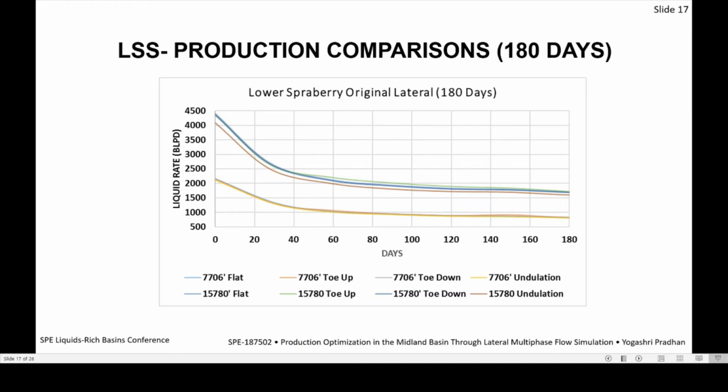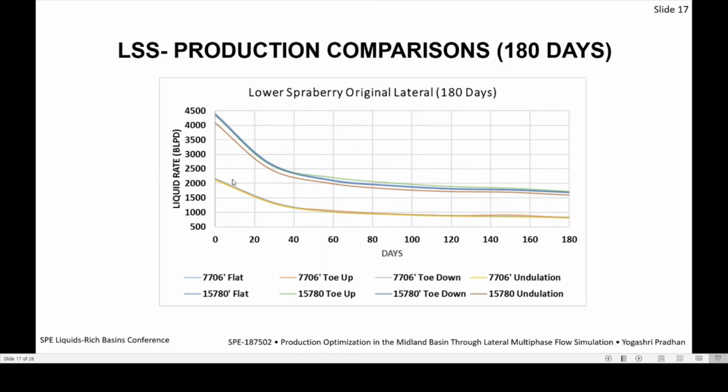Here are some of the production comparisons at 180 days. You'll notice that the undulation results are significantly lower compared to your toe up and your flat. The upper curves represent your 15,000 foot laterals.